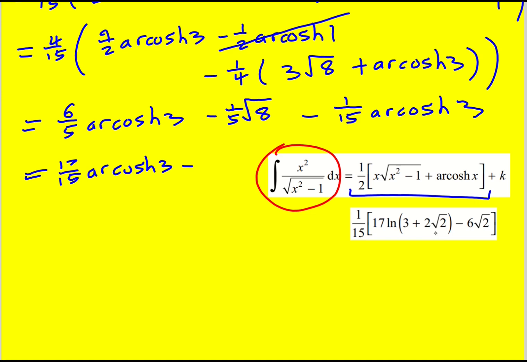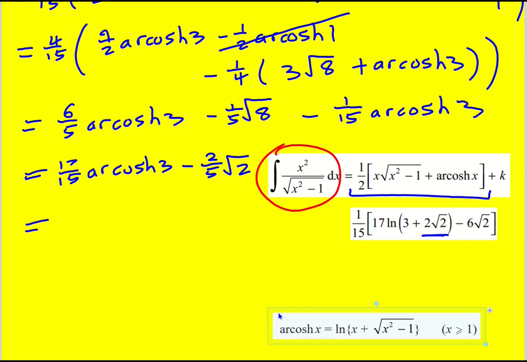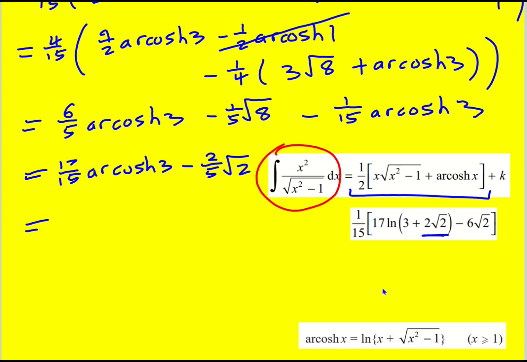And you can see in the final answer, they've written 2 root 2. So I'm also going to write it as 2 over 5 root 2, because root 8 is 2 root 2. Now, I'm not going to prove this, but we can use what arcosh x is actually equal to.